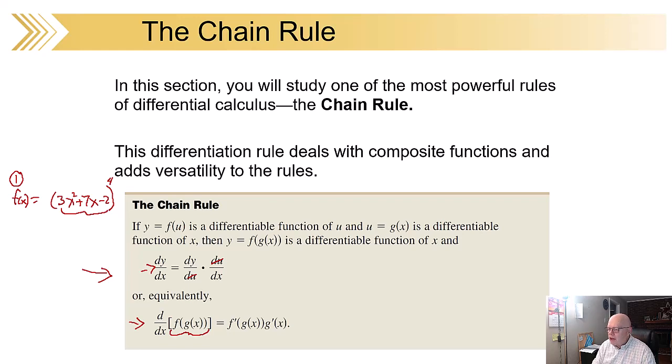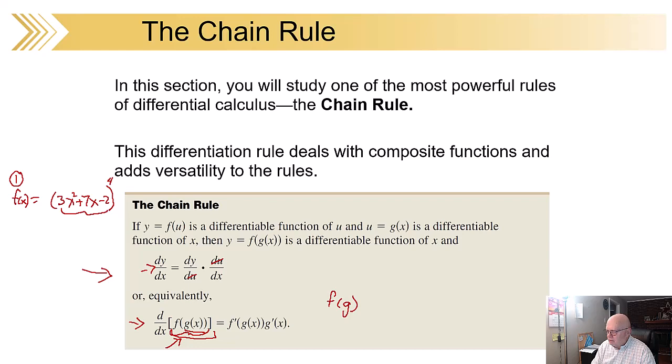So if we look at this composite function, we've got an inside function, g of x, and an outside function, f of x. If we want to simplify this a little bit, we could write it as f of g. You would have to find out what g was before you could find out what f of g was.